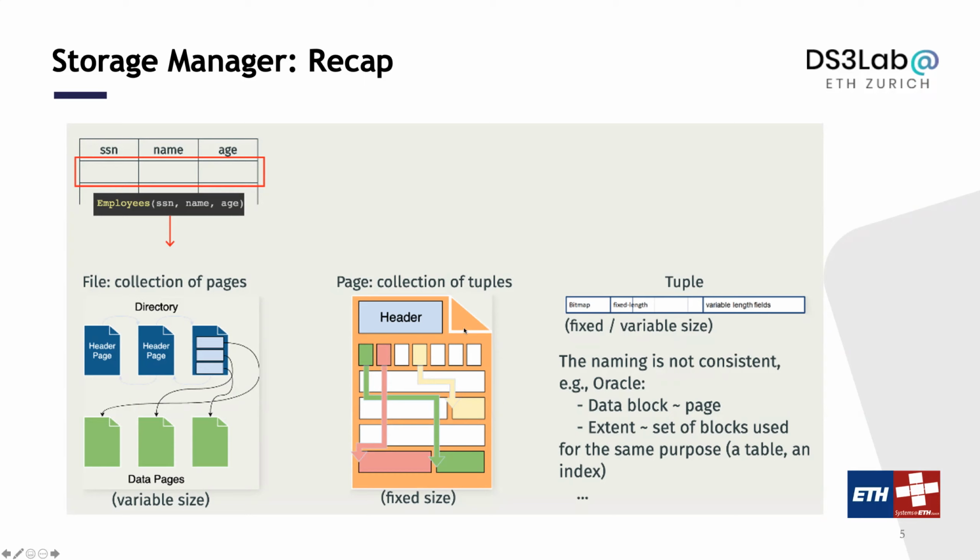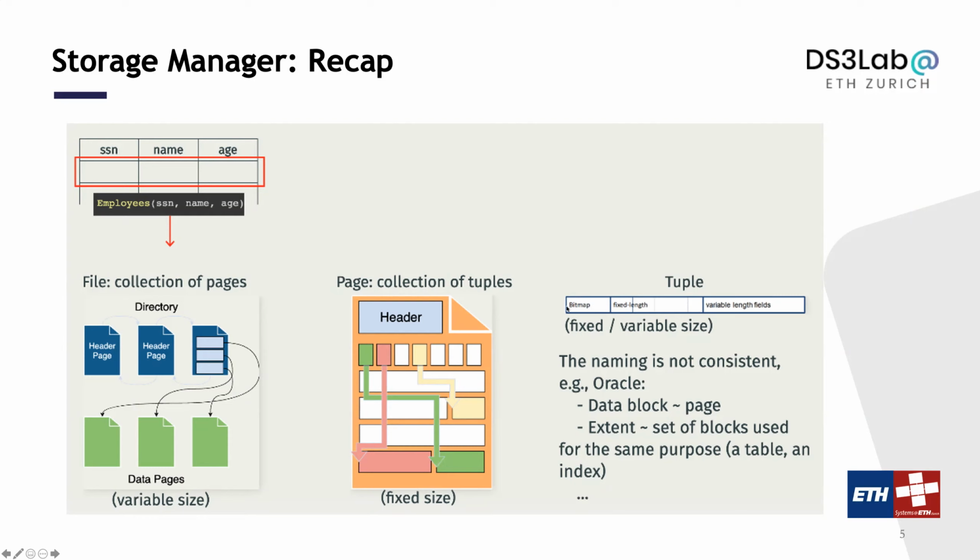And then we actually open up the structure of the page. Again, there are so many different ways you can organize information inside the page. Here we show one of the most popular ways, which is using slotted pages. Essentially, you have a whole bunch of slots in the page, and every single slot corresponds to one tuple stored on this page. It points to the starting point of the tuple, and also the size of the tuple. And we also further open up the structure of the tuple.